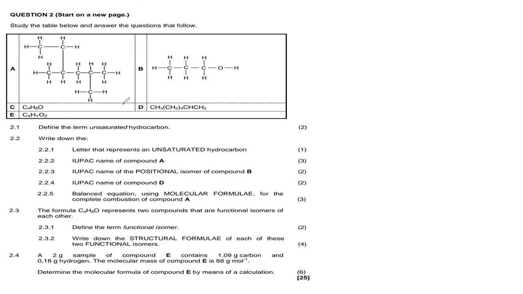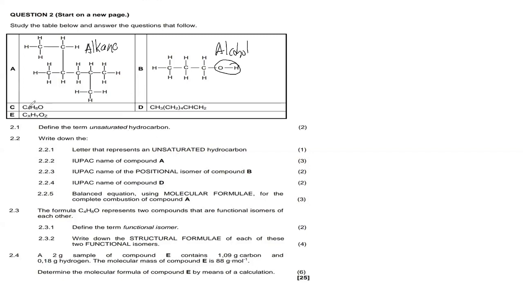Now we can see that with the single bonds between the carbon atoms, compound A belongs in the alkane homologous series. Looking at B, we can see that this is a hydroxyl group, OH. This tells us that B belongs in the alcohol homologous series.